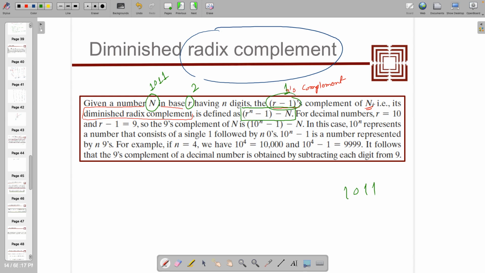The diminished radix complement is defined as follows: keep all of them 1 and subtract with this number. This is going to give you the answer. So, this is for ones complement.